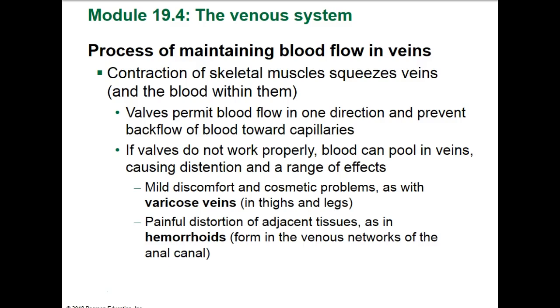And if the valves do not work properly, which does happen, blood can pool in the veins and cause distension and many other effects, from mild discomfort to cosmetic problems, like in varicose veins, which we see a lot in thighs and legs, or distortion of adjacent tissues, as in hemorrhoids.